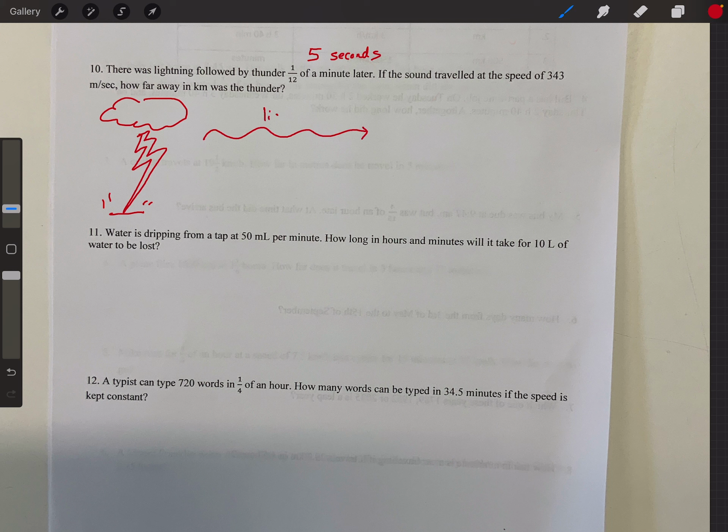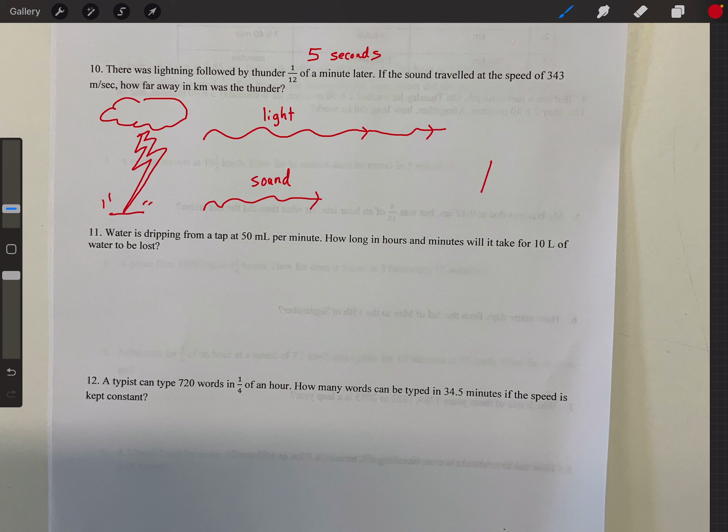This is light. And then something else radiates out from the strike, which is sound. Now, because light travels very fast, it's the fastest thing in the universe that we can see, light travels the fastest and then sound travels slower.